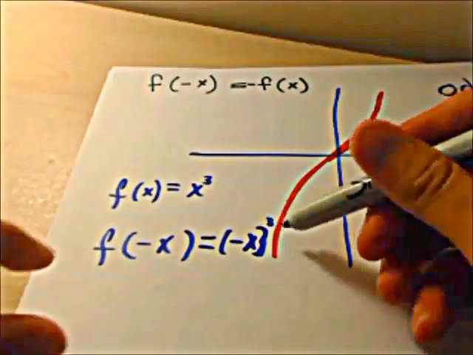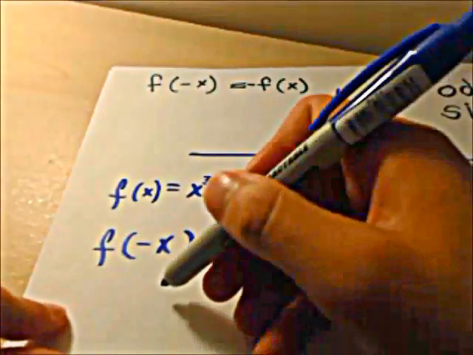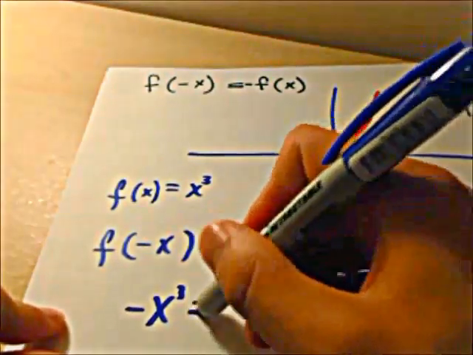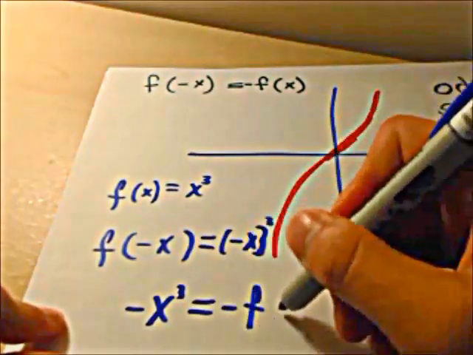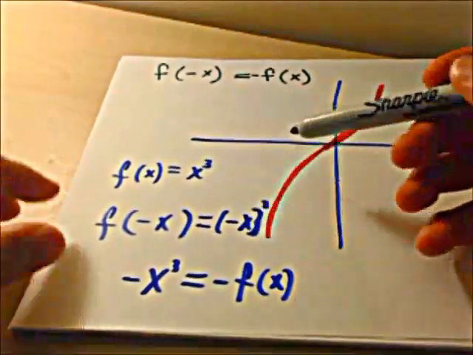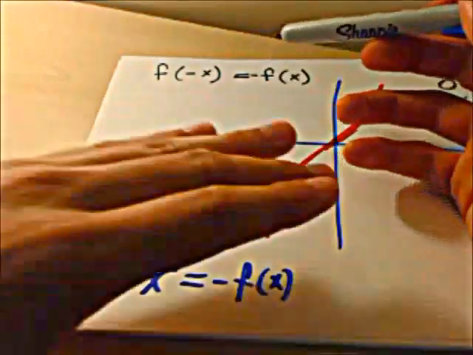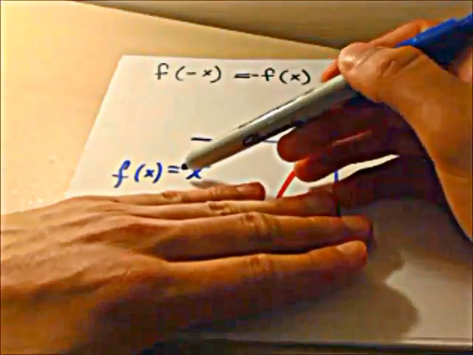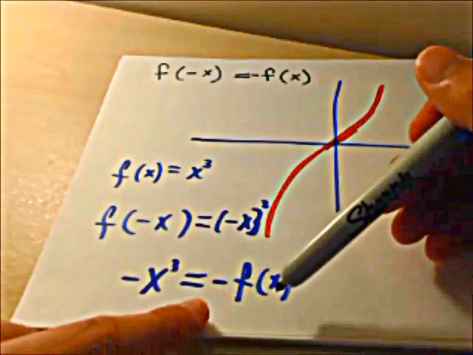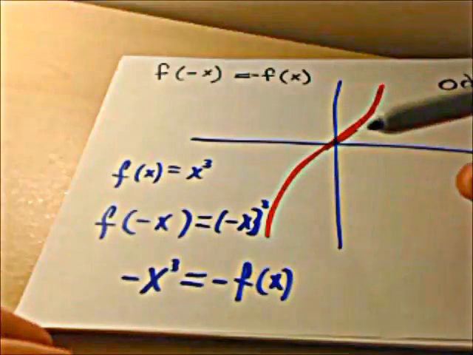If we factorize this, we get minus x to the power 3, and that is exactly equal to minus f of x, because we've got f of x equals x to the power 3. So minus f of x is minus x to the power 3, and that's exactly what happened here. Minus x to the power 3 is equal to minus f of x.